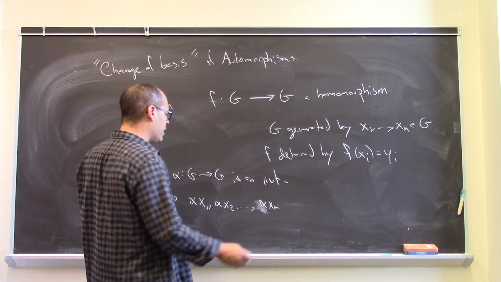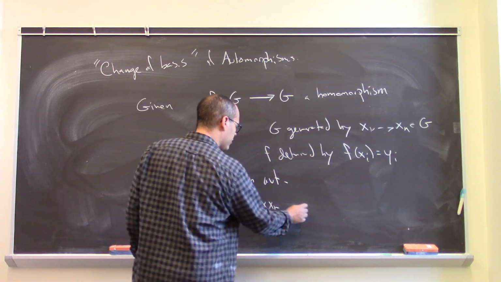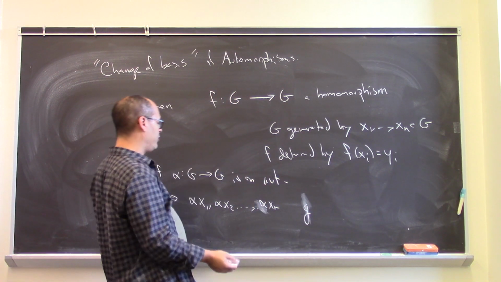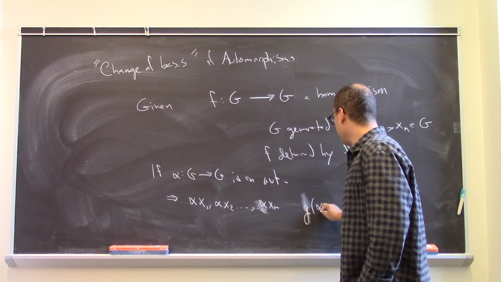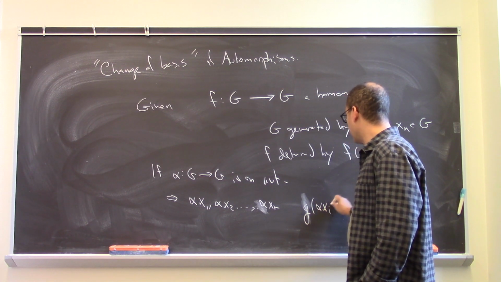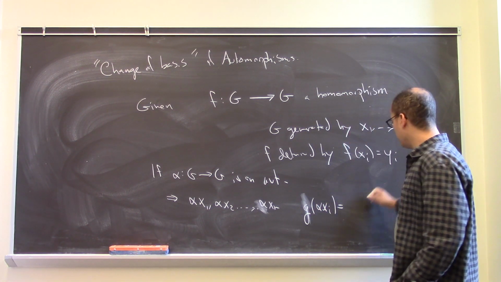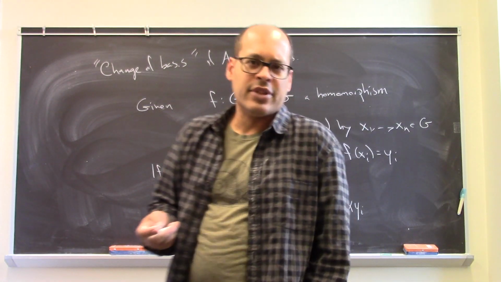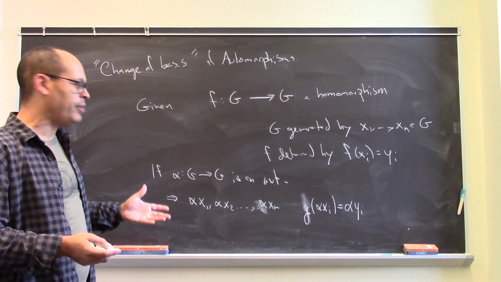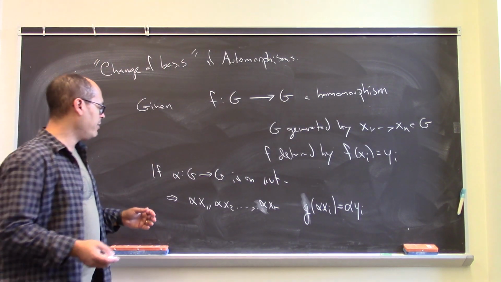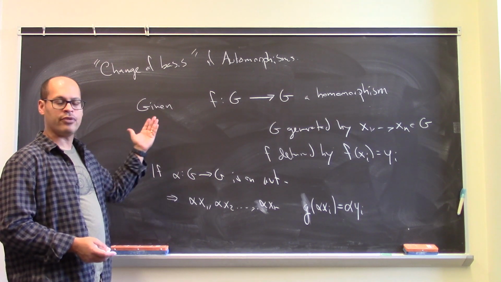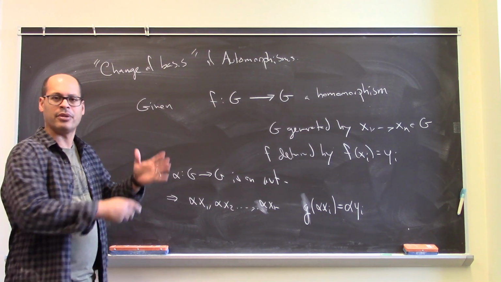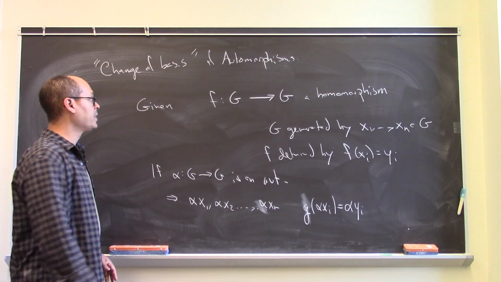And if we decide to define a new group homomorphism G, which takes alpha of xi, one of these new generators, to the target alpha of yi, what we can think of this as is using alpha as a change of basis matrix in some sense. And G is really somehow F written in a new basis. I mean, these aren't really bases, these aren't really vector spaces, I'm just making an analogy.